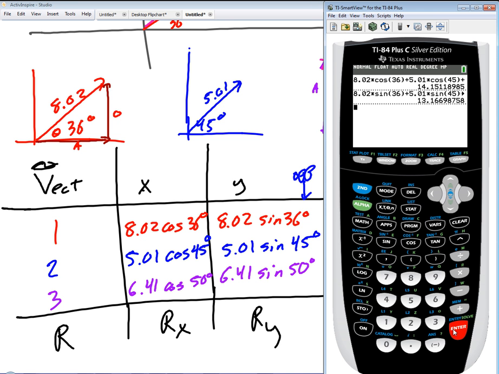So there's my x component, y component. Now when I want to calculate the magnitude of the resultant, all I've got to do is take the square root of that guy squared, plus that guy squared. Okay?